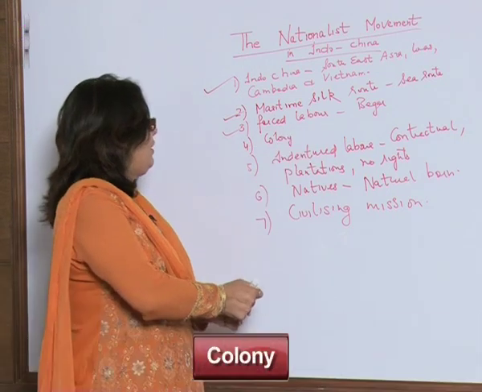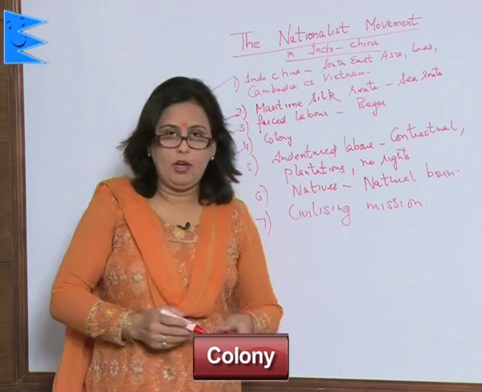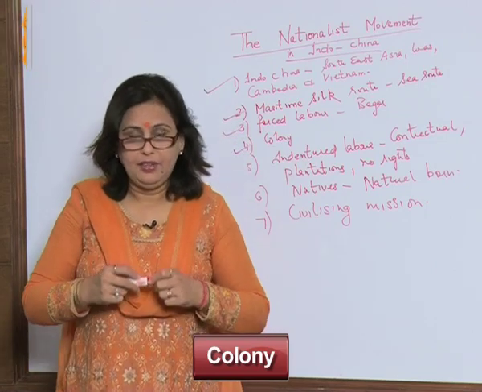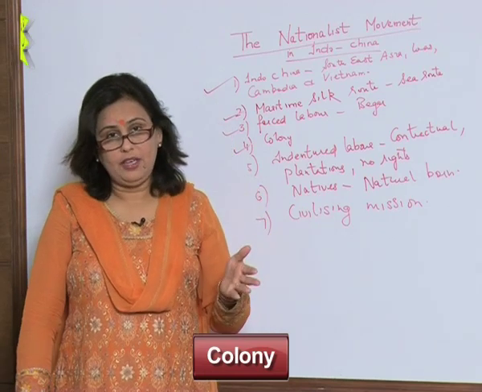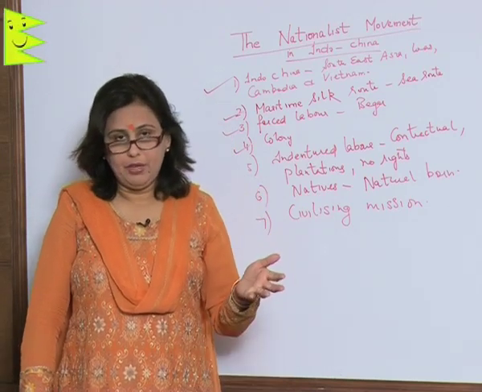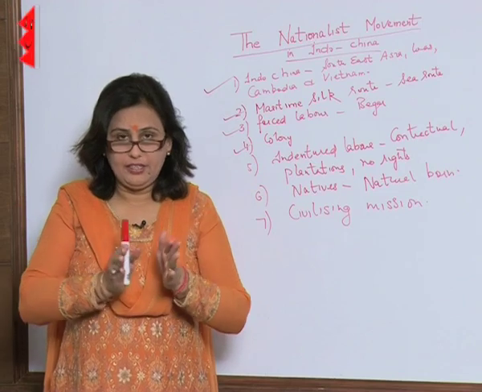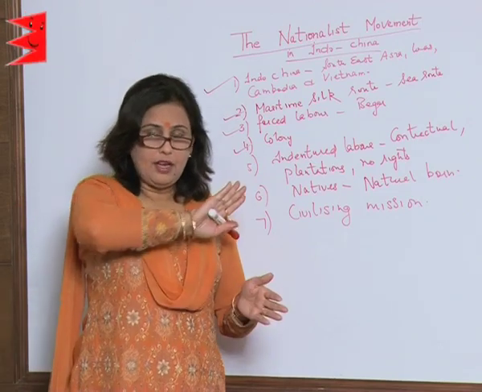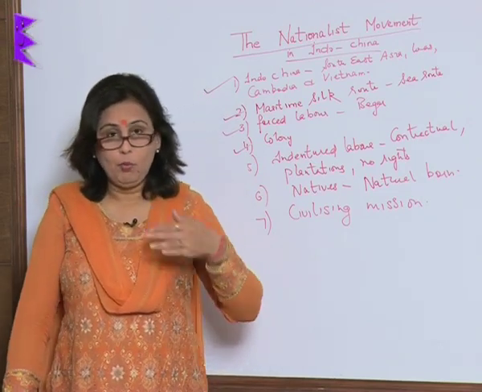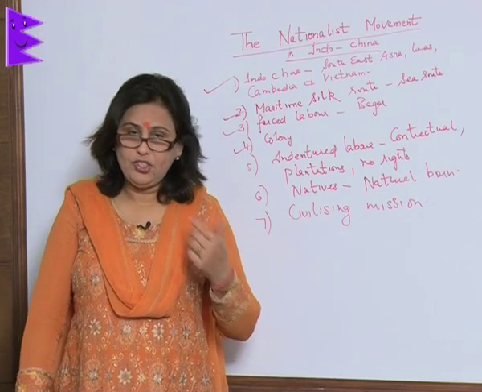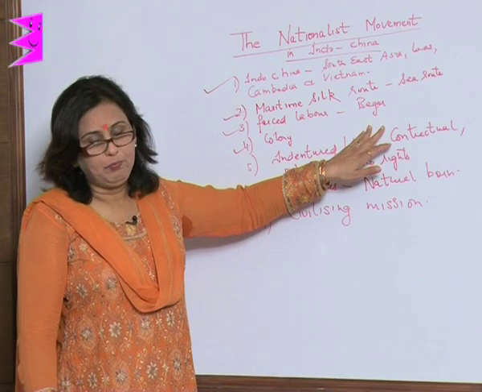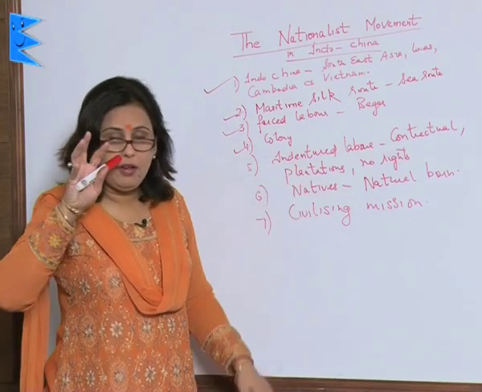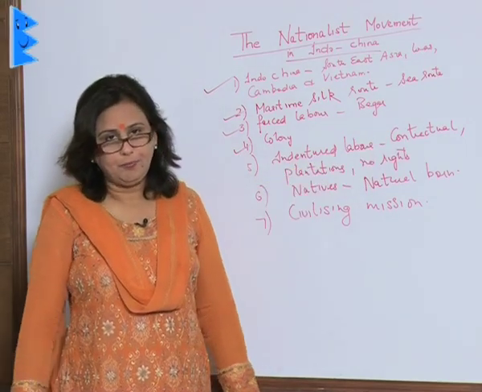Next is colony. This term colony is actually the result of the industrialization that happened in Europe. Because when industrialization took place, the countries of Europe wanted to move towards the Asian and the African countries in order to have a hold there, and they started conquering these countries.